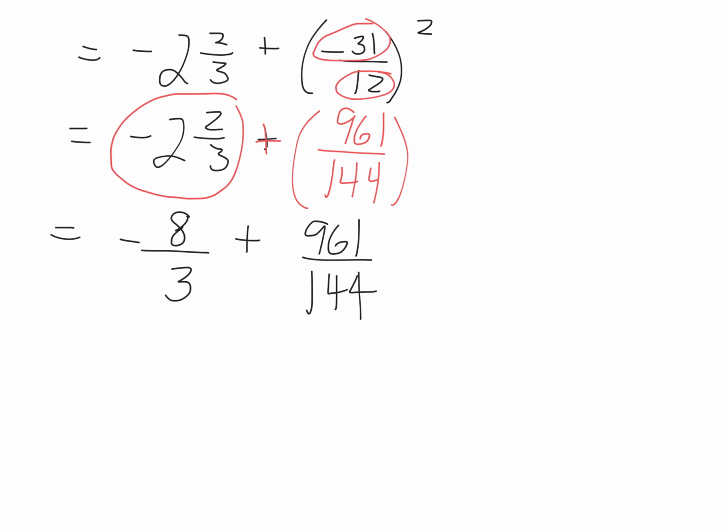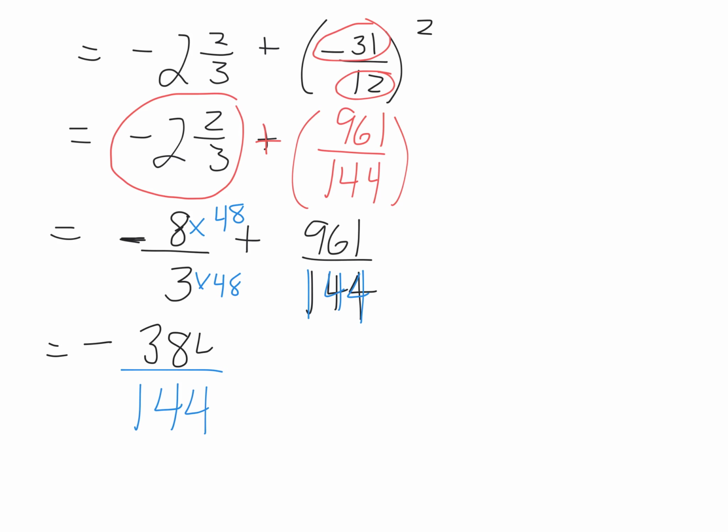Okay, so the common denominator is 144. If I multiply this by 48, I'll get 144. So you need to multiply the numerator by 48. What's negative 8 times 48, yes? 384. Negative 384 plus 961 over 144.